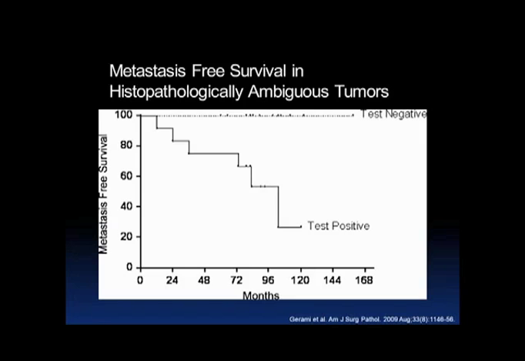But if they had the test positive, they actually could show that they could stratify the ambiguous tumors that they had into the ones that showed metastasis or the ones that did not. And this test has been in use for quite a while for histopathologically ambiguous tumors. Now, I'm going to talk about the caveats with this test and the follow-up FISH test in a second.